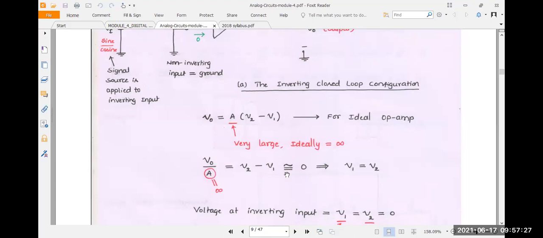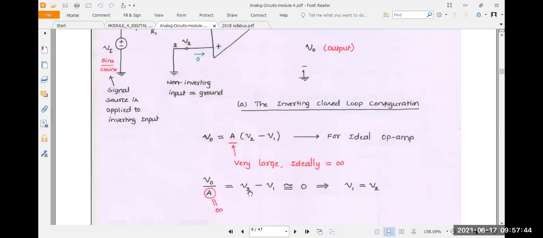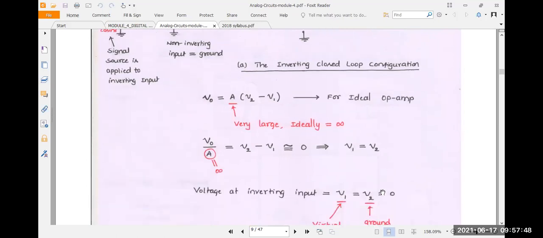So in this condition V1 is equal to V2, because V2 is ground. When V2 is ground, V1 is also ground. That is the virtual ground. V1 is virtual ground, V2 is direct ground. So V2 minus V1 is equal to 0, so V1 is equal to V2.